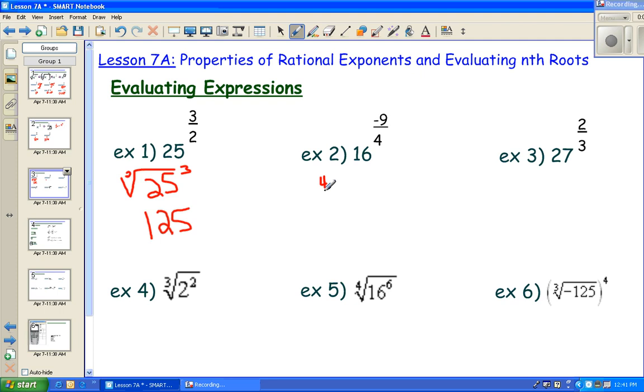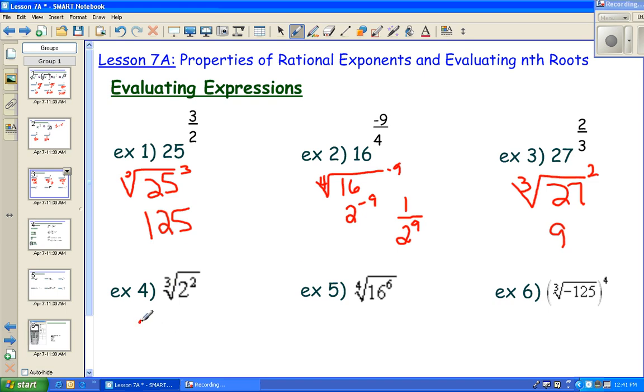This is the 4th root of 16 to the negative 9 power. The 4th root of 16 is 2. To the negative 9 power means 1 over 2 to the positive 9 power. This is the cubic root of 27, which is 3, squared would give us 9.